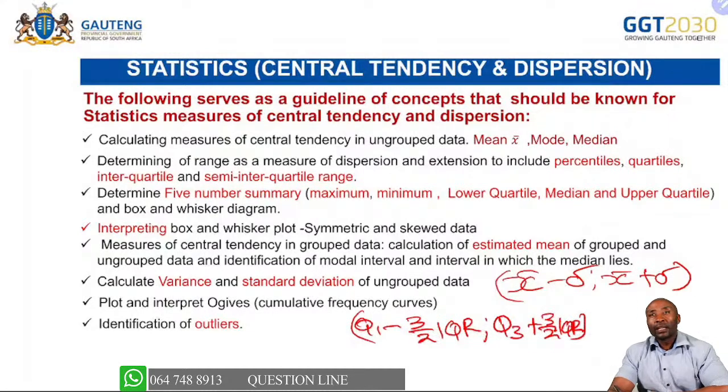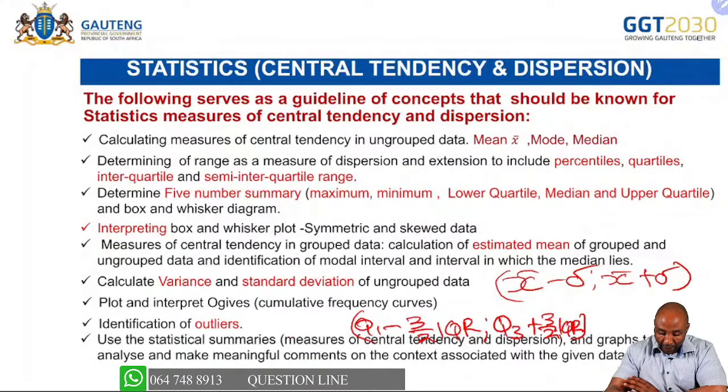Anything that is outside this interval is termed an outlier, and we should be able to identify those. We should be able to use our statistical summaries to make meaningful comments and to interpret it in respect to the context that we are referring to.